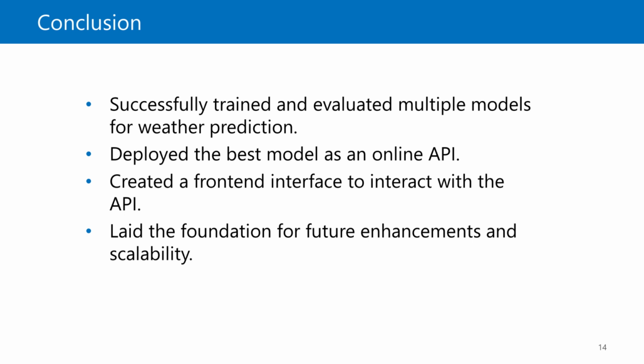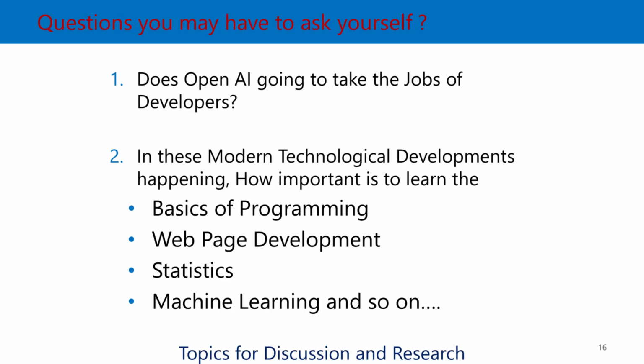We have successfully trained and evaluated multiple models for weather prediction, deployed the best model as an online API, created a front-end interface to interact with the API, and we have laid the foundation for future enhancements and scalability. Throughout this presentation, we have demonstrated 3 powerful ways to develop some solution using ChatGPT.